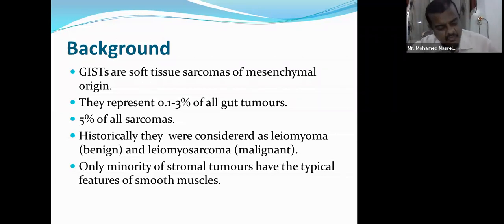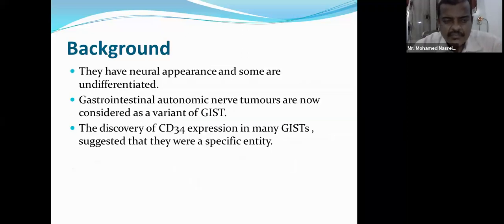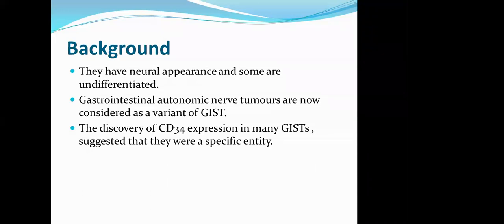But when studied by electron microscopy and detailed histopathological studies, they discovered that only a minority of stromal tumors have the typical features of smooth muscle. They found that they have a neural appearance and some are undifferentiated. Also, gastrointestinal autonomic nerve tumors are now considered a variant of GIST tumors.